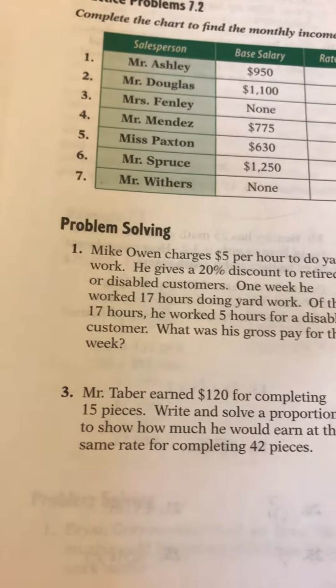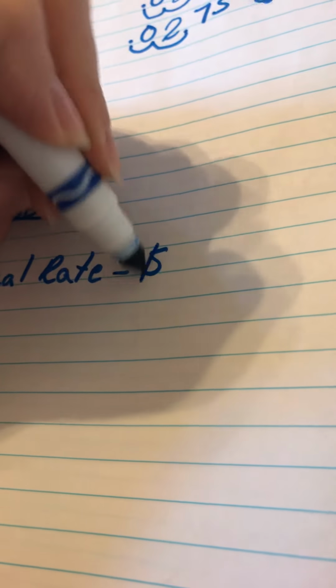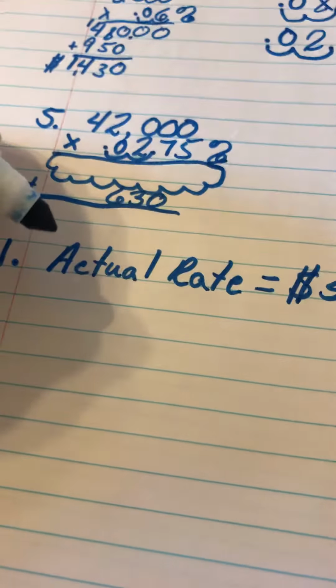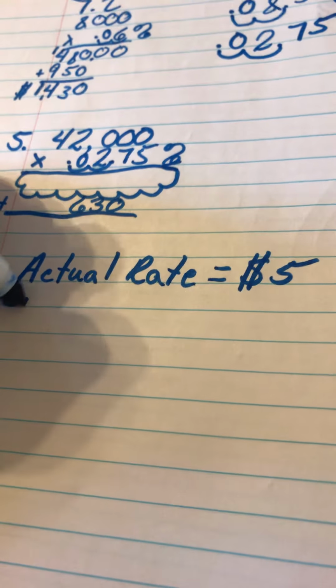So first, we need to find out how much he charges his disabled customers. So we know his actual rate is $5. We want to know his discount rate.